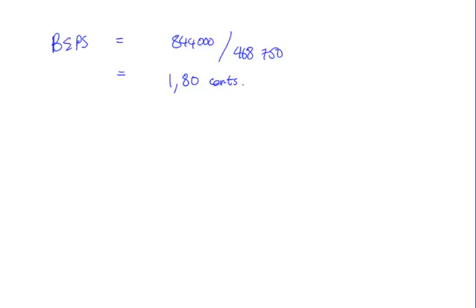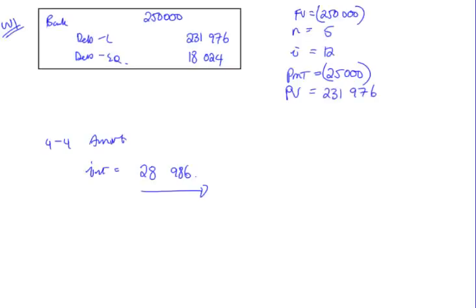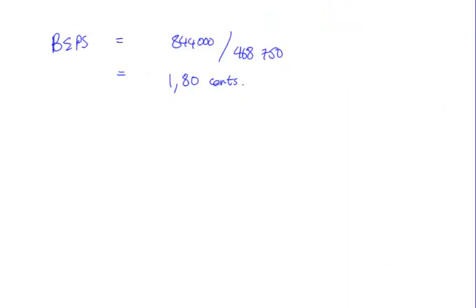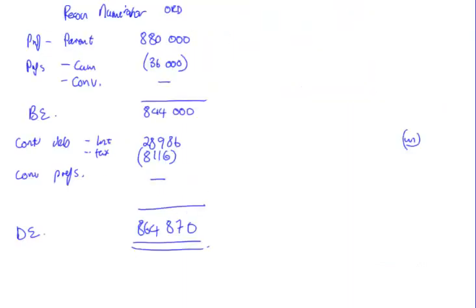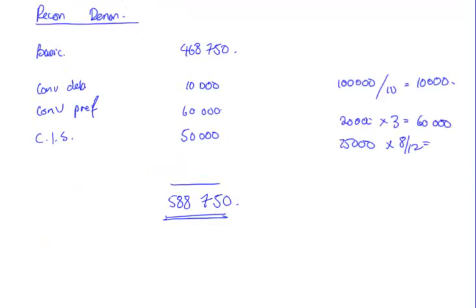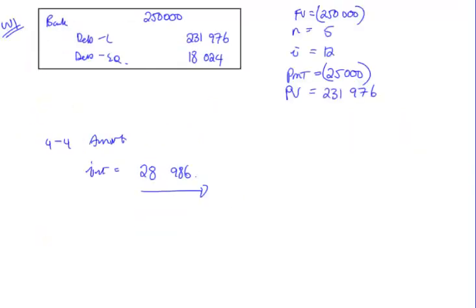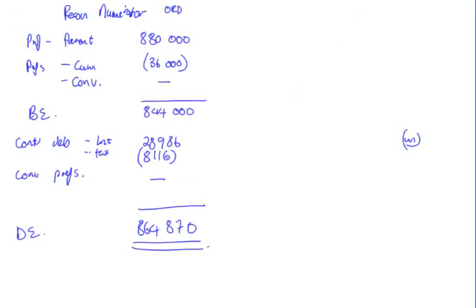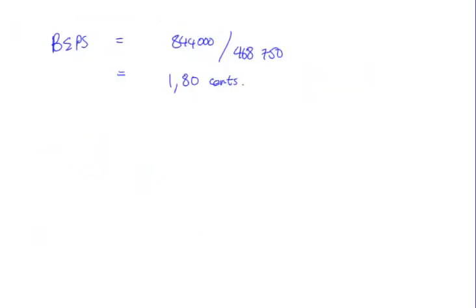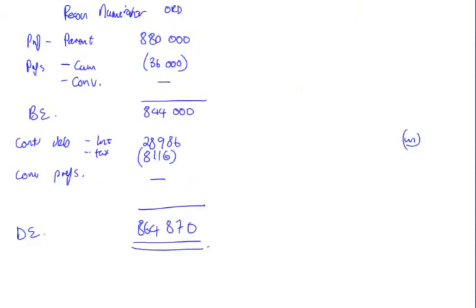Okay, my diluted earnings per share, and if you're stressed for time, let me show you what I would do here. It's 864,870 divided by 588,750. So your diluted earnings per share is equal to the diluted earnings divided by the diluted number of shares.